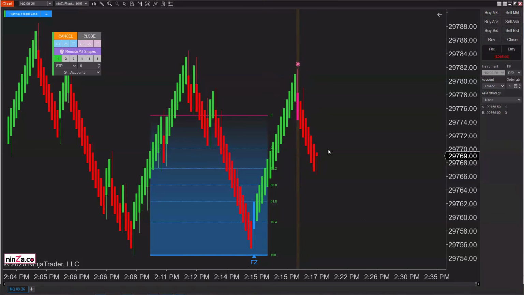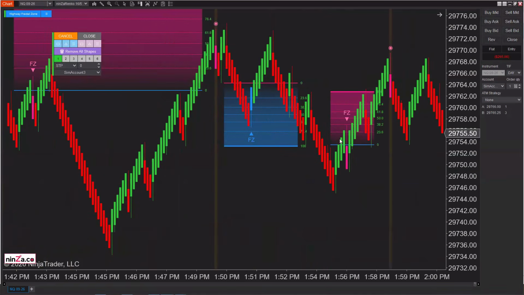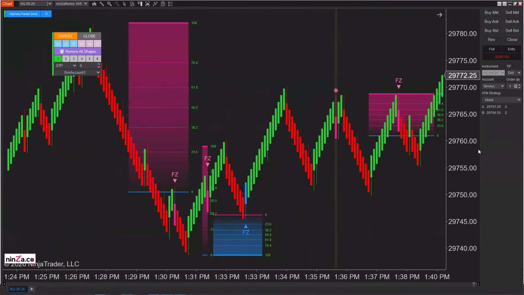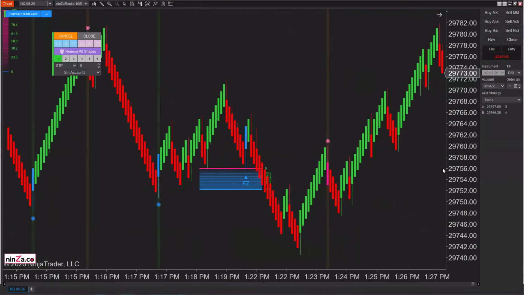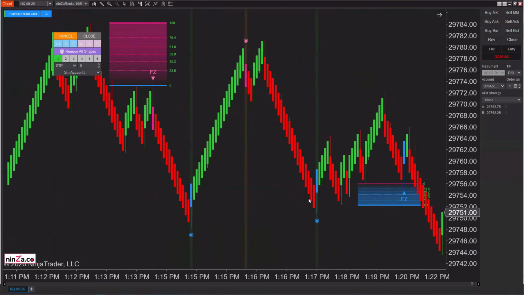All right, so just so you know, when you see a pink one from a long, get out of your long. If you see a blue one, can we find one here? If you see a blue one like this, here is a short, here is the blue. That's when you want to get out of your short, right over here.